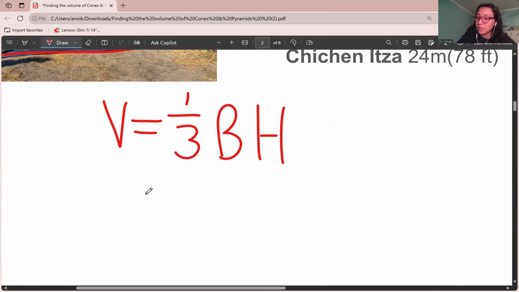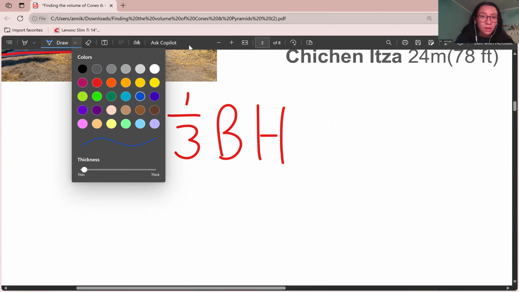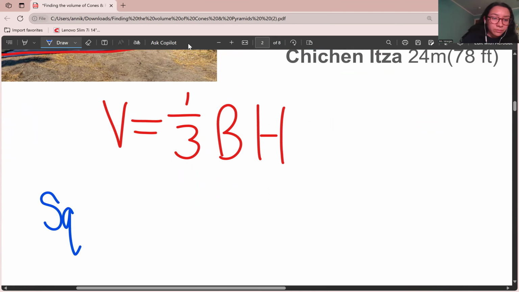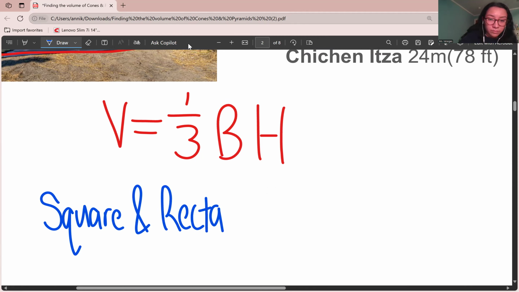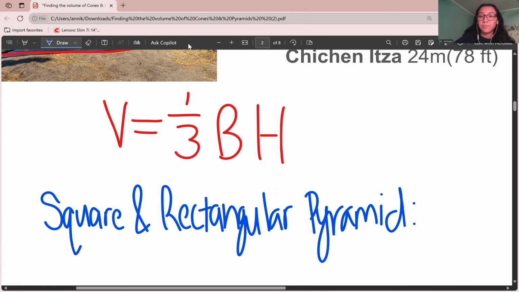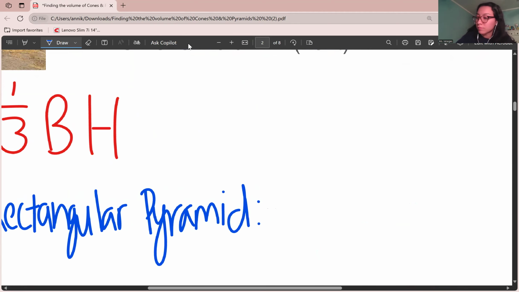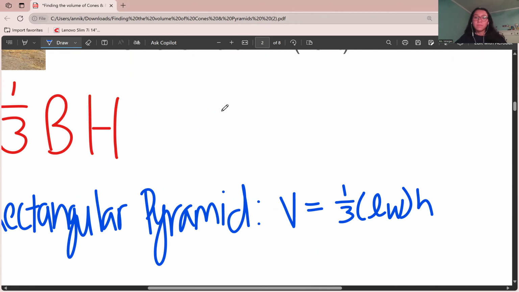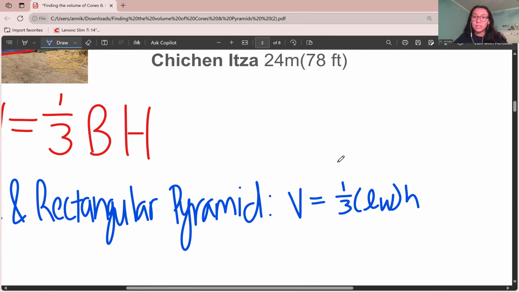And for pyramids that have a square or rectangular base, it's going to be 1/3 length times width times height.